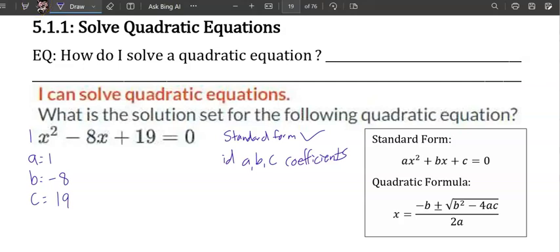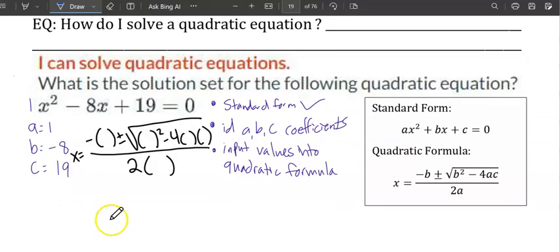Next, you input it into the quadratic formula. So we'll put negative b, so negative 8, plus or minus the square root of b squared, so negative 8 squared, minus 4 times a times c, all over 2 times a.